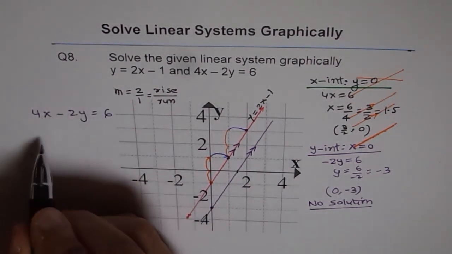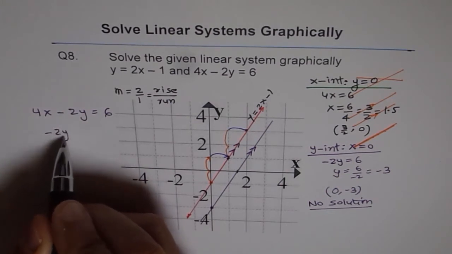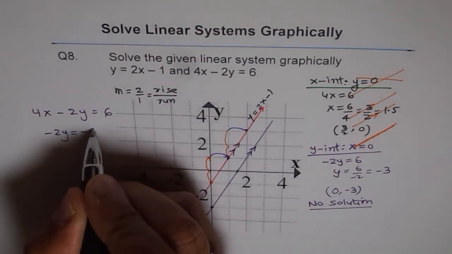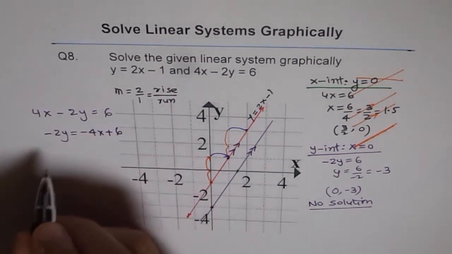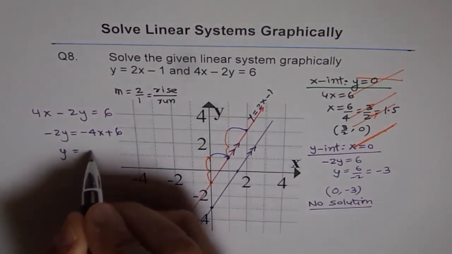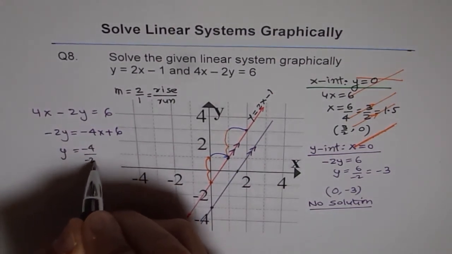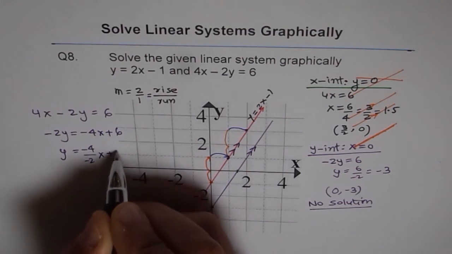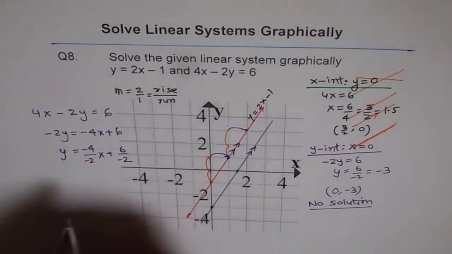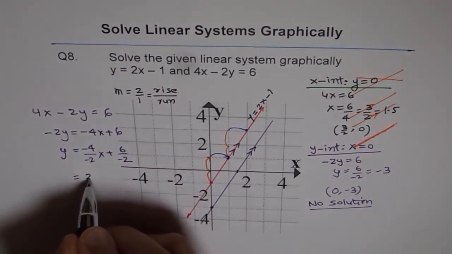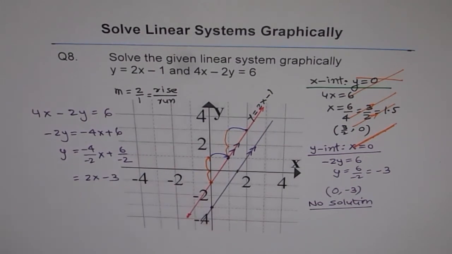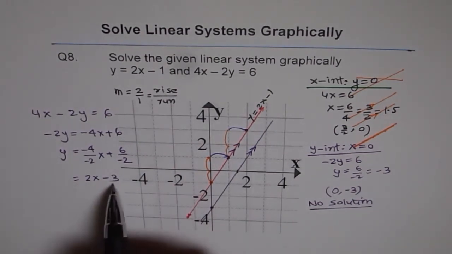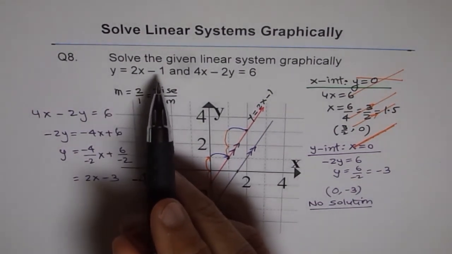So we'll take x on that side, and we get minus 2y equals minus 4x plus 6. We divide by minus 2, so we get minus 4 divided by minus 2 plus 6 divided by minus 2, and that gives us 2x minus 3. So 2x minus 3 and 2x minus 1.